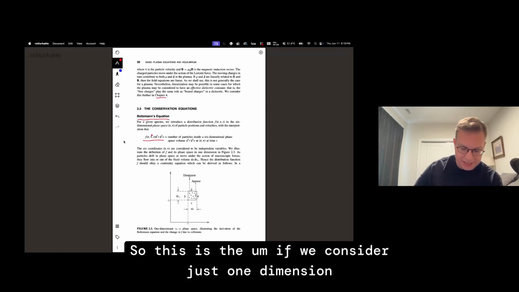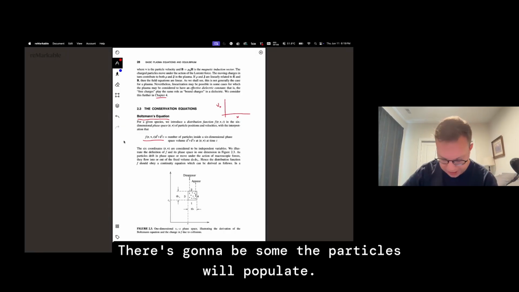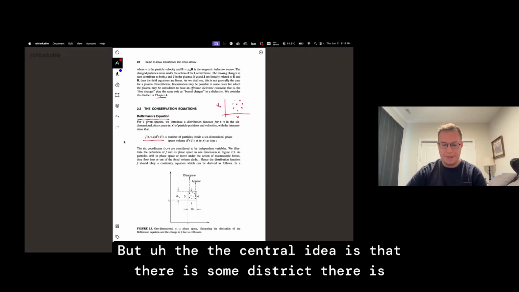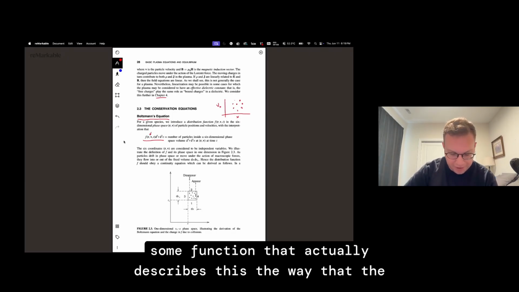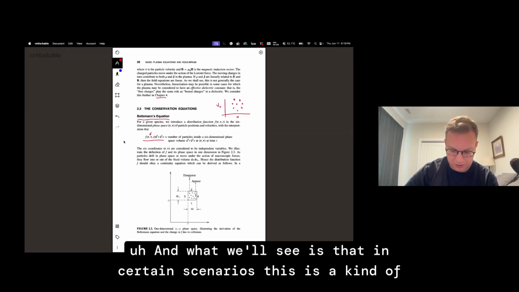If we consider just one dimension, so x on the bottom and velocity in x on the top, the particles will populate inside here. The central idea is that there's some function that describes the way the particles are dispersed inside phase space.